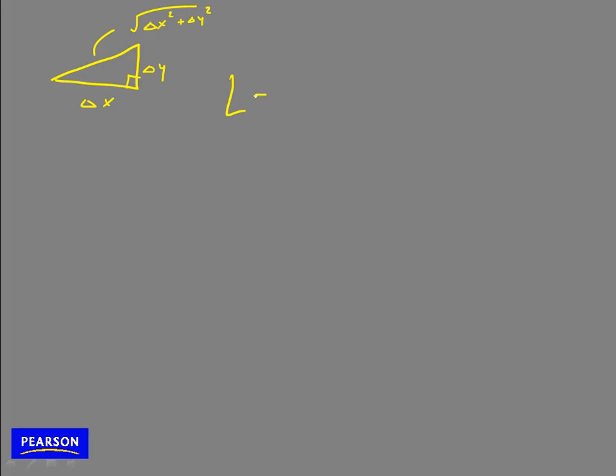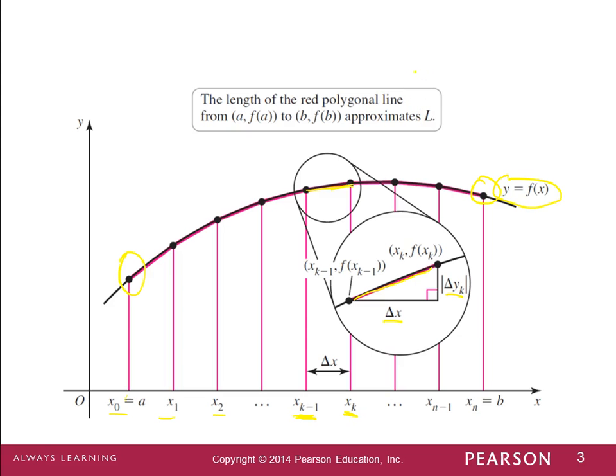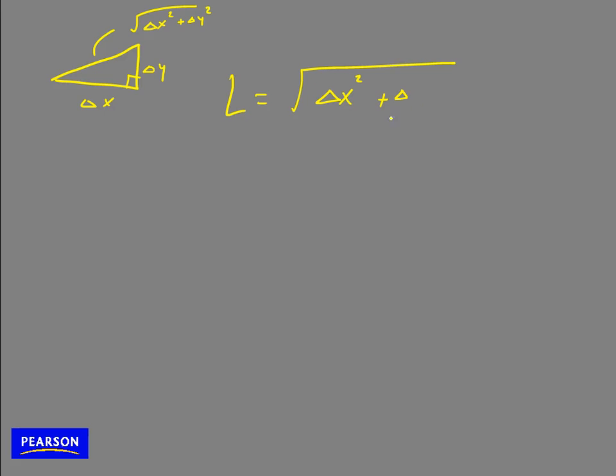So if we say our length is this square root expression, we can use a little bit of algebra to divide everything by delta x squared and factor that out.